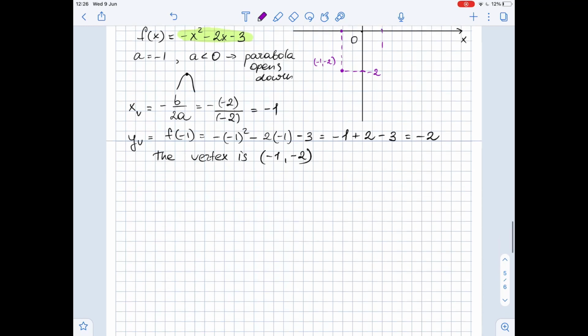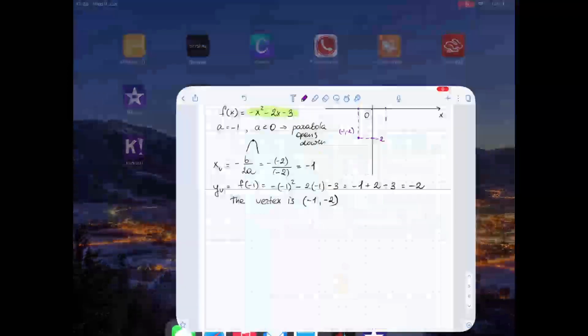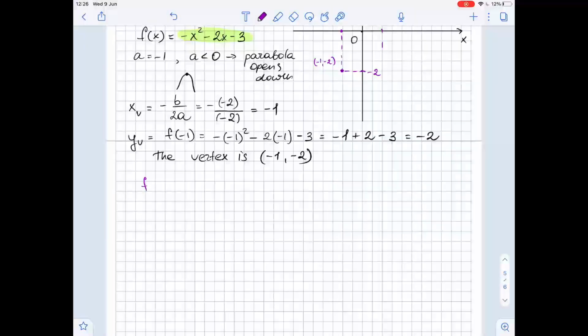First, let's start by finding the y-intercept. So we will plug x equal to 0 into our function. So f of 0 is equal to, obviously, negative 0 squared minus 2 times 0 minus 3. So this is equal to negative 3.